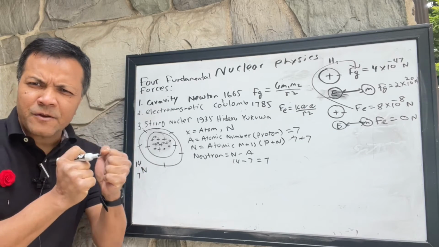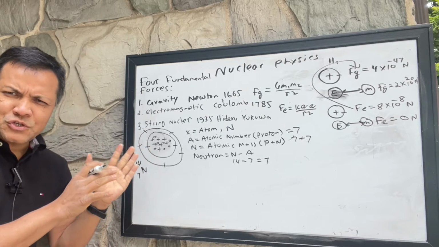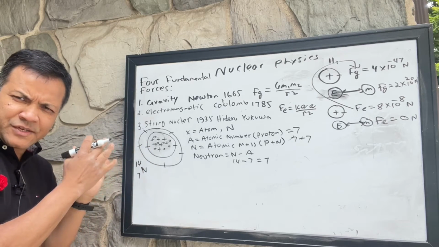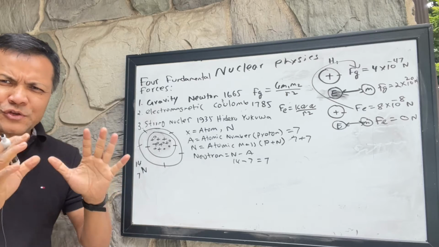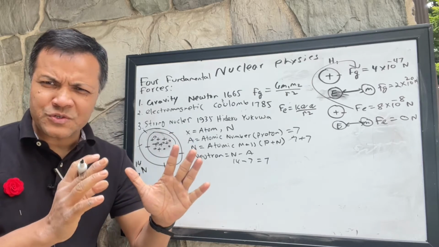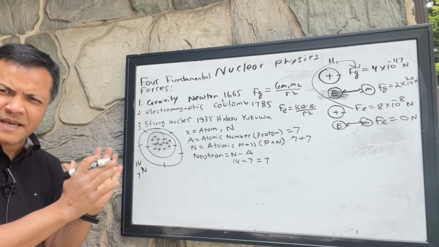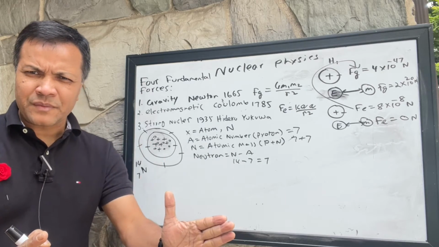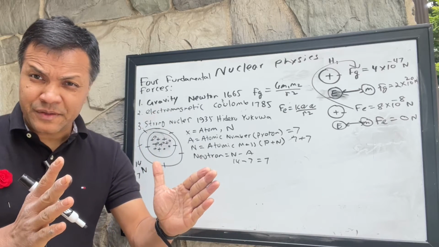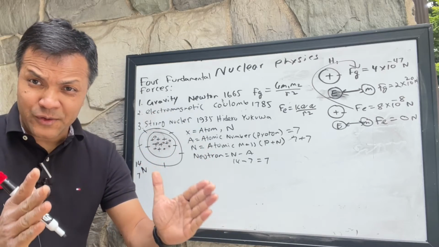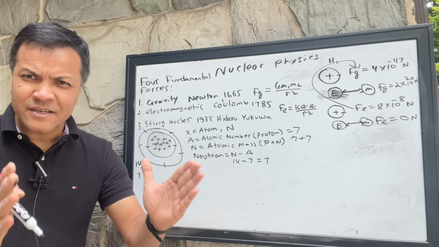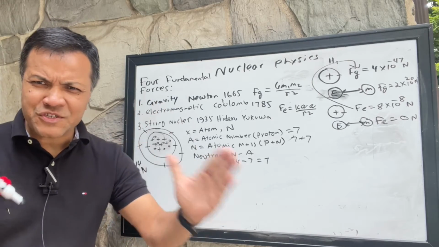Now, something is wrong. You should be disturbed by this nitrogen atom. You should be asking yourself questions, because this nitrogen atom, as you see, should not be stable, and you should feel bothered. You should be asking yourself a million questions, because this nitrogen atom, the way I draw it, should not be stable.